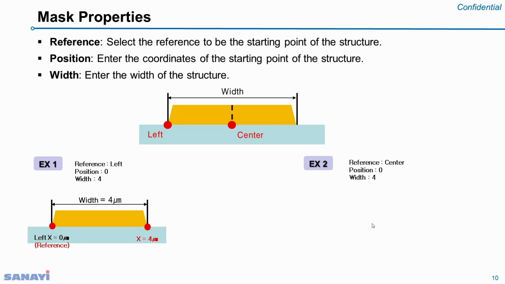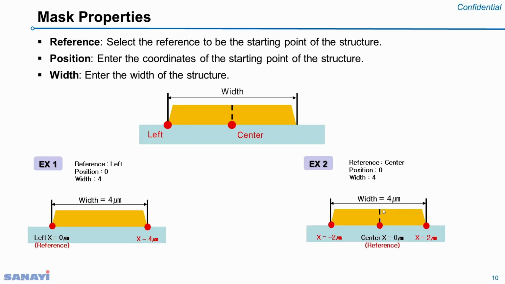How about setting width to 4 micrometers, reference is center and position is 0? The center coordinate value of the mask will be 0 micrometer and the width is 4 micrometers.